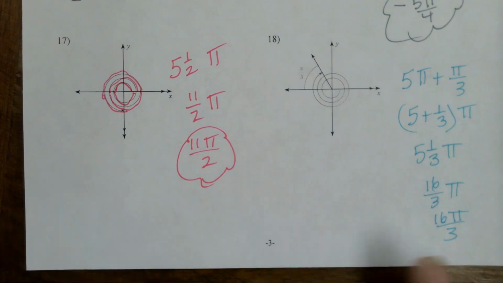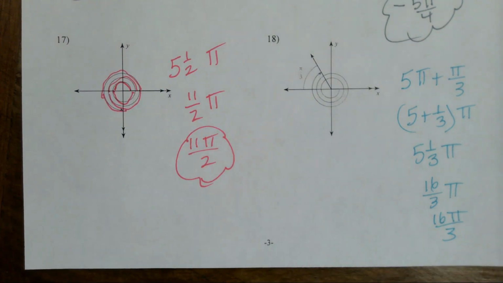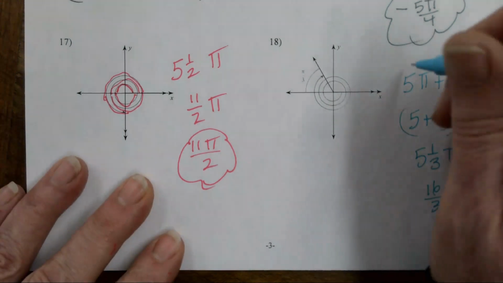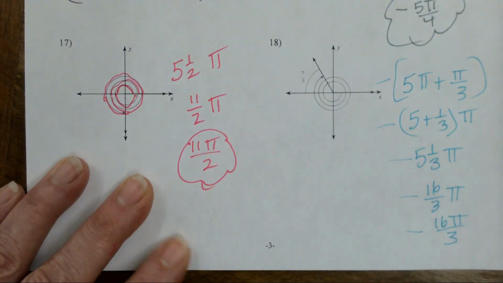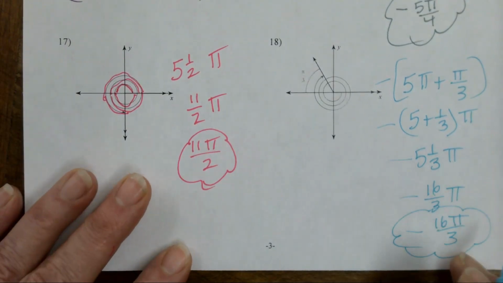And if you left this answer, I would take a half off because it's negative. I moved backwards, yeah. So all the way from the start, we need to remember that this is backwards, backwards, backwards, backwards, backwards. Good?